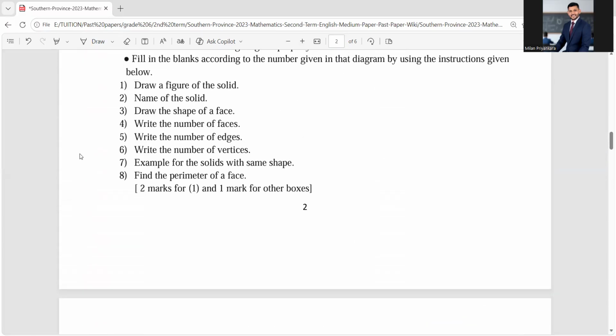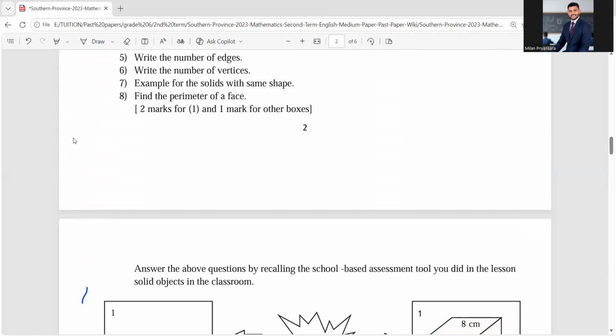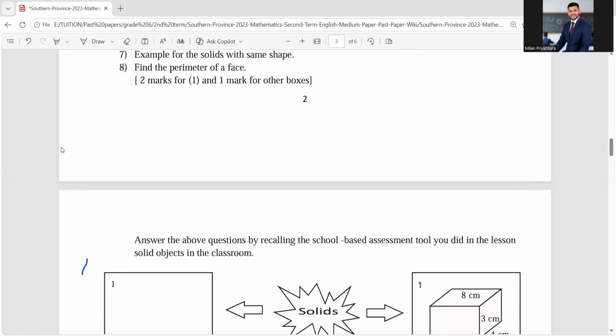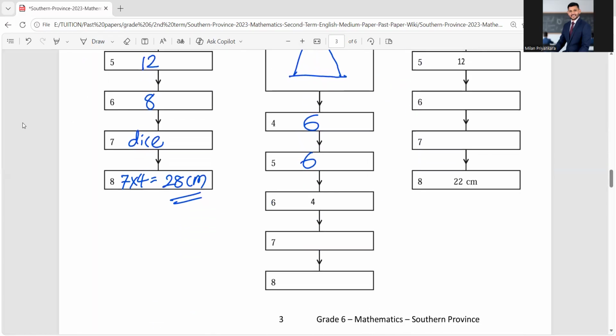7 is an example for a solid with the same shape. Actually, we do not find many objects with the shape of this solid, I mean the regular tetrahedral shape, but there are regular tetrahedral dice. So you can write that a practical object for a regular tetrahedron will be a four-sided die.